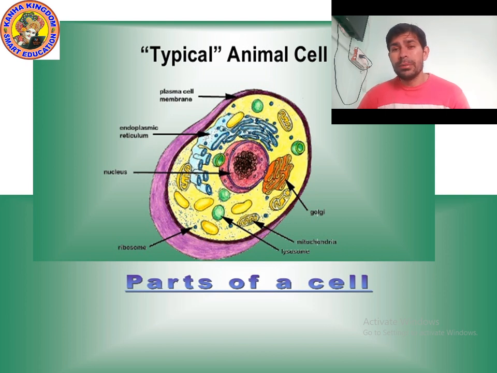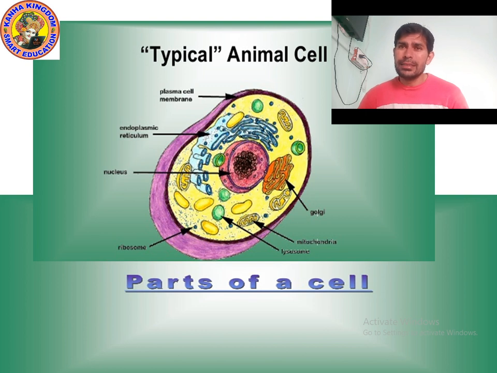The shape of the cell can be oval, spherical, cuboidal, fiber-like, or polygonal. If we talk about size, the difference in size of organisms is due to the number of cells present in them.